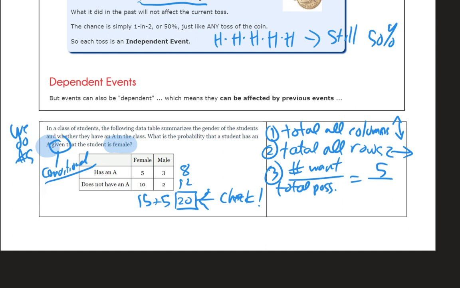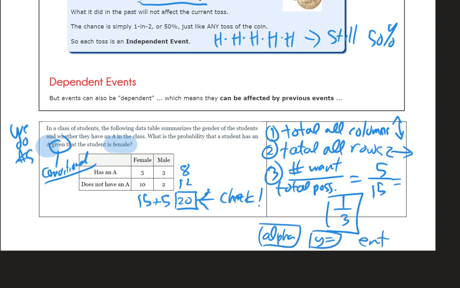The total possibilities, given that she's a female, is not the total of 20, because that's the total students. Given that she's a female, there's only 15 possibilities. So it's 5 out of 15. If we put that in our calculator, that will reduce into 1 out of 3. We're going to use alpha, y equals, and then enter. If we put that in our calculator, that will be our answer.